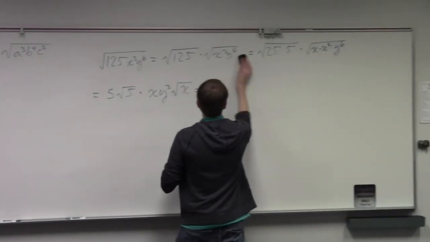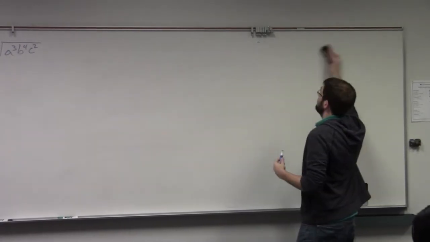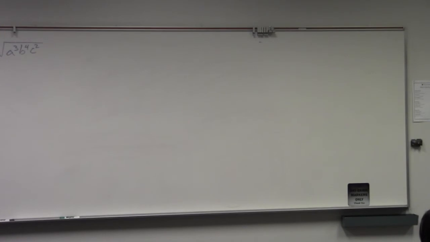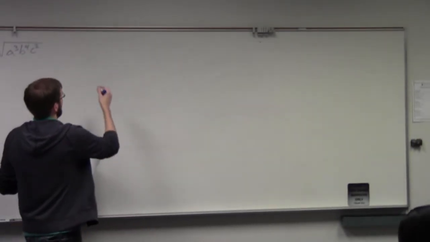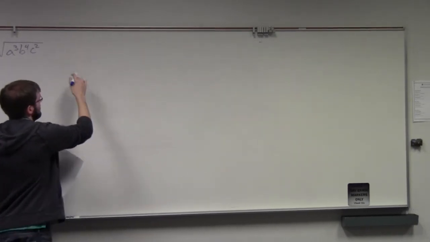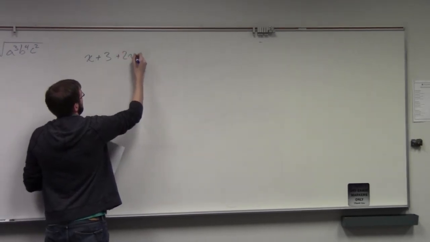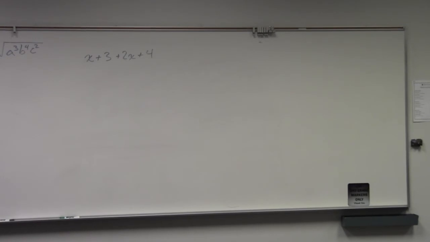So that was all simplifying. Next, we're going to try and do operations on radicals. So we're going to try and do multiplication, addition, subtraction, and division using these radicals. So before we go into the first one, we want to talk about combining like terms briefly. So if I have x plus 3 plus 2x plus 4, if I'm combining like terms, what do I combine?